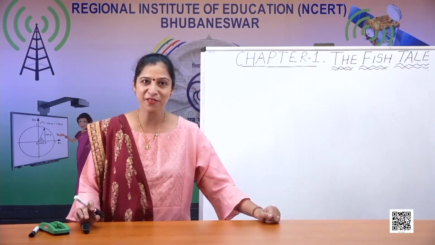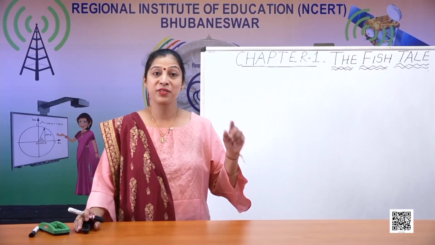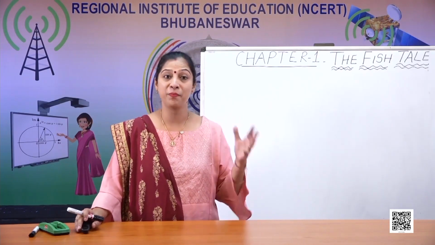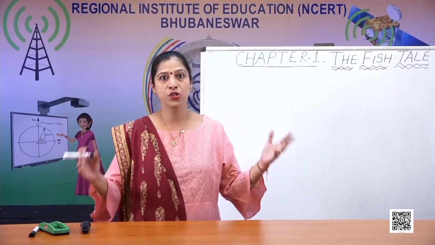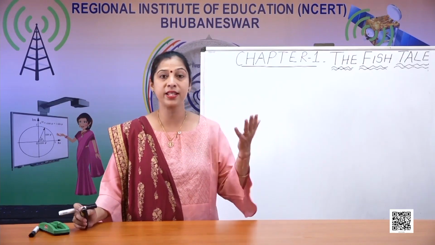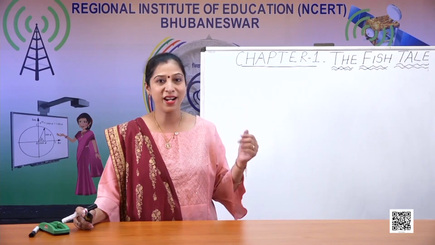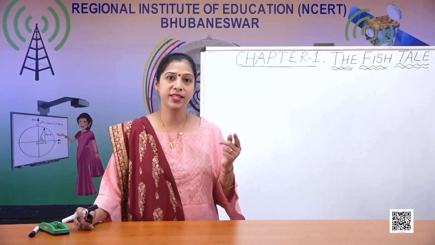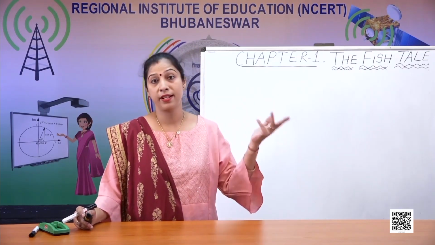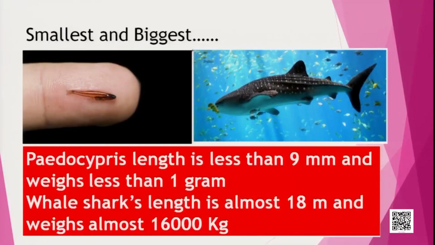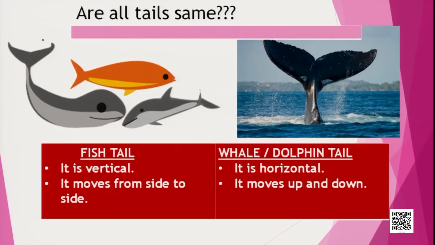How many varieties of things we have. The biggest fish is almost 18 meters, and 1 meter is equal to 100 centimeters. And the smallest fish is less than 1 centimeter. So imagine how big it is.